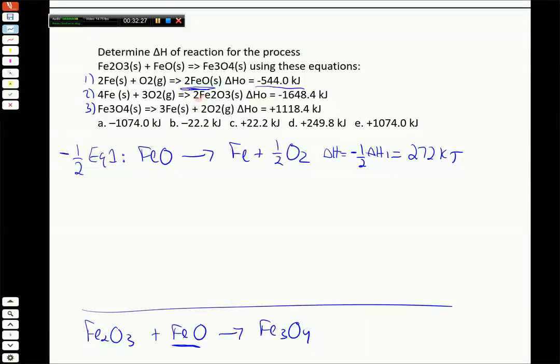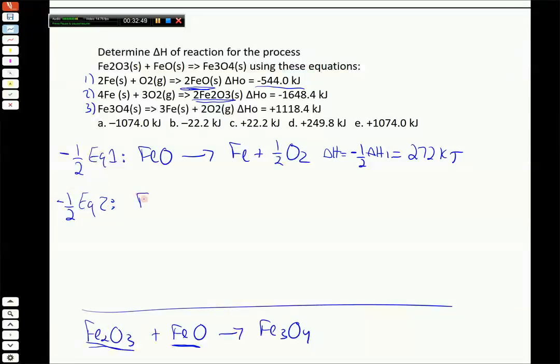The second equation here has two Fe2O3s as a product. And in this case, we want one Fe2O3 to be a reactant. This is the only one of these three equations where Fe2O3 appears, so we know that we're going to take the second equation, we're going to do the same thing. We're going to take the inverse of it, and we're going to multiply coefficients by 1 half.